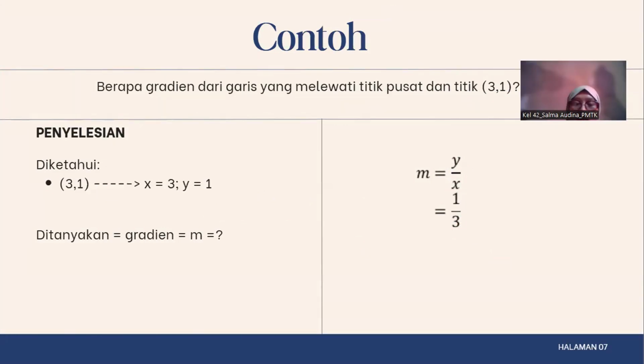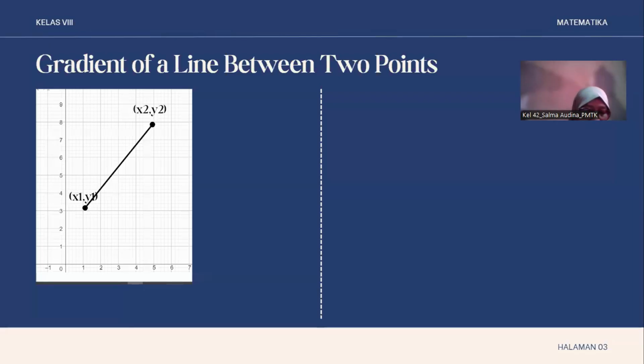Okay, what if the line doesn't pass through the origin? We will try to formulate the formula. A line, of course, will always pass through at least 2 points.